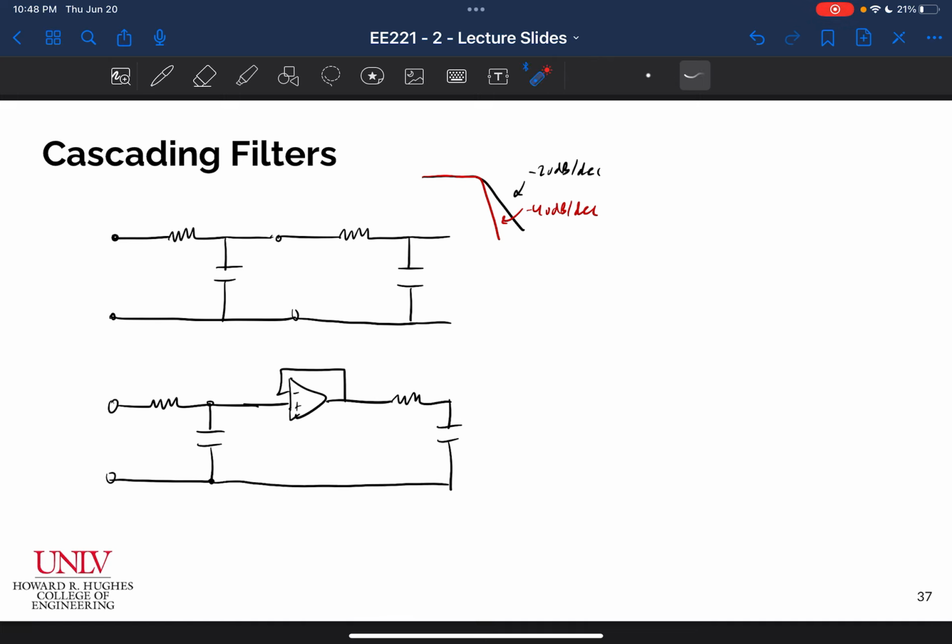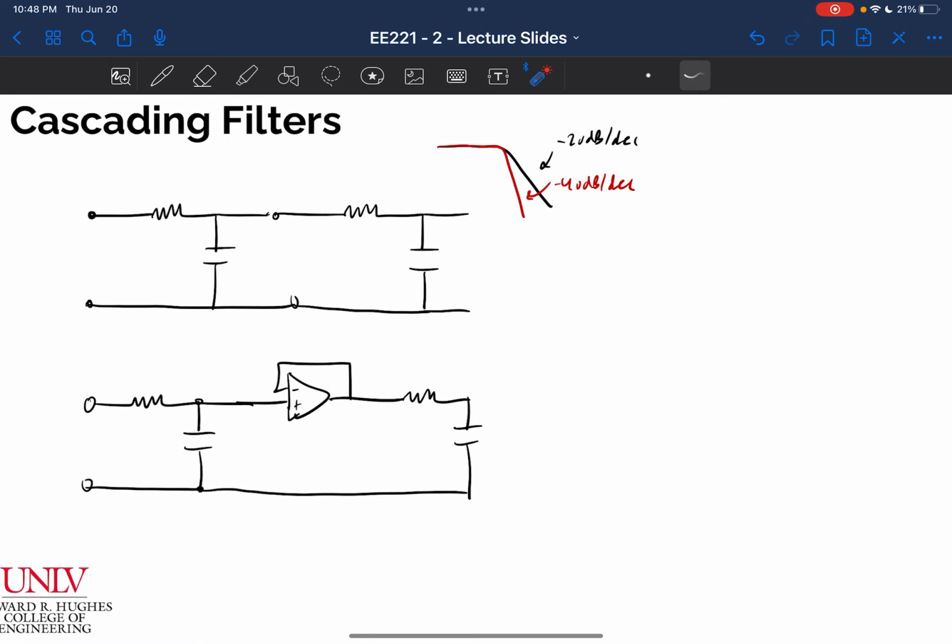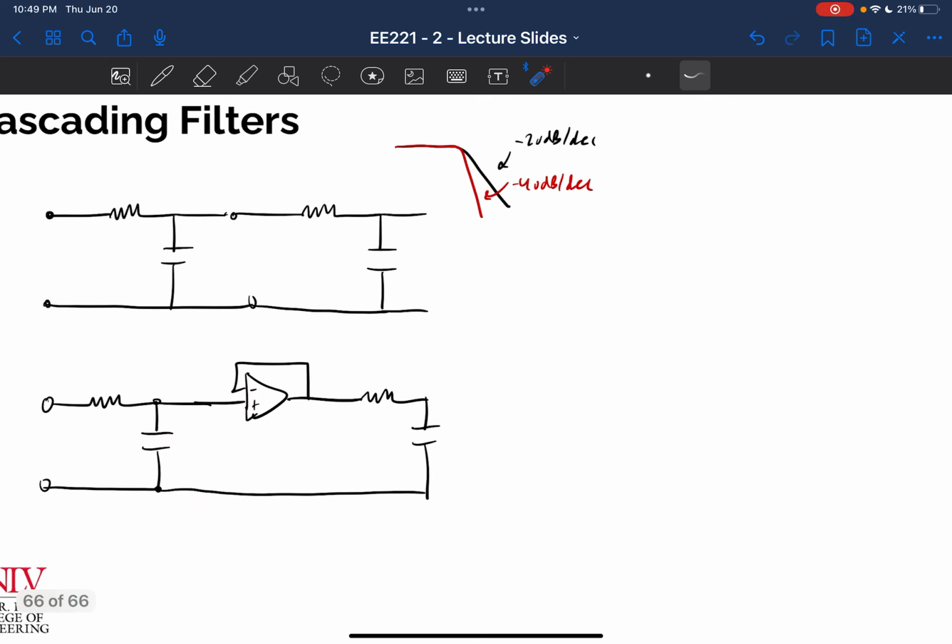Why? Because the input impedance of an op amp is ideally infinite, right? So that means that from the perspective of the resistor, it sees my capacitor in parallel with an infinite impedance, which basically means it just still sees the capacitor. And so we have no issues with the extra components loading my initial filter. I basically get the response I want from these.